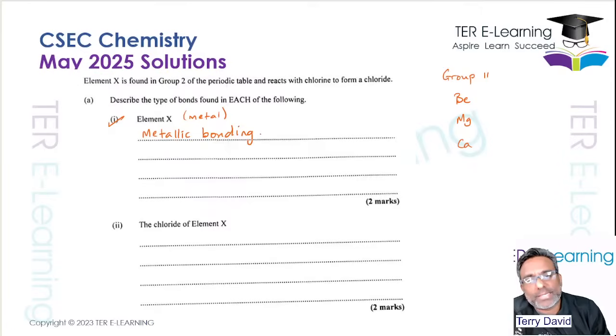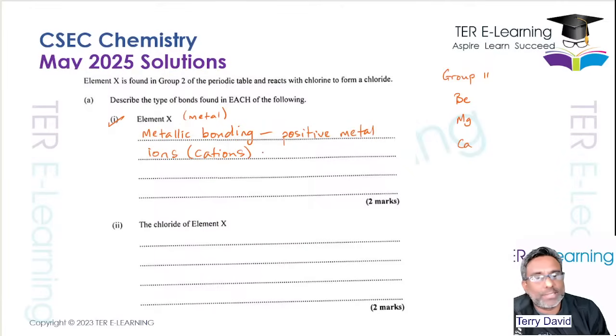So in this case, we have positive metal ions. Positive metal ions are what we call cations.